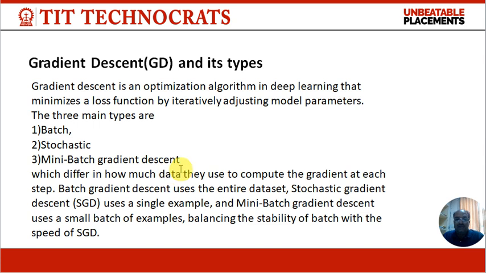In batch gradient descent, we use the entire data set, or we can say an entire epoch. In stochastic gradient descent, we use a single example, and in mini batch gradient descent, we use small batches of data to train the system.